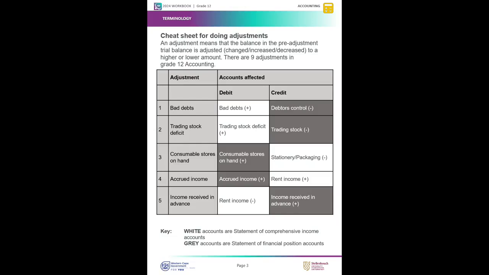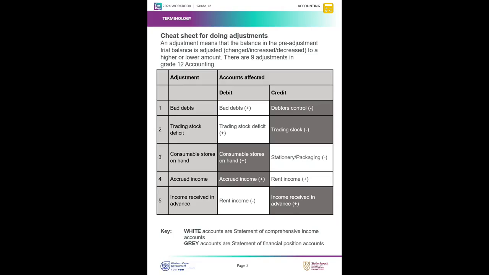So in the event of accrued income, we know that it is money that was not received, outstanding income. We would need to add that into our rent income in order to ensure that our profit is correct.